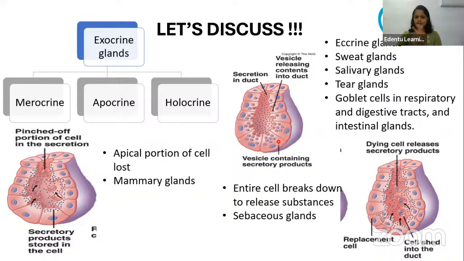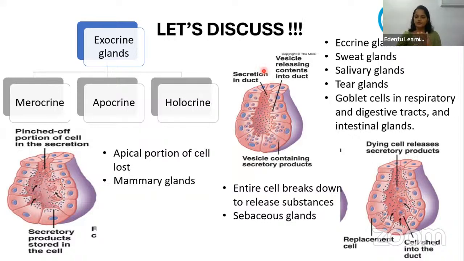There will be membrane-bound vesicles inside each unit. This is the single secretory unit, and these are the cells here. Inside every cell, you can see vesicle-bound structures like this, which contain the secretory product. They go to the apical portion of the cell and release the secretory product to the outside.